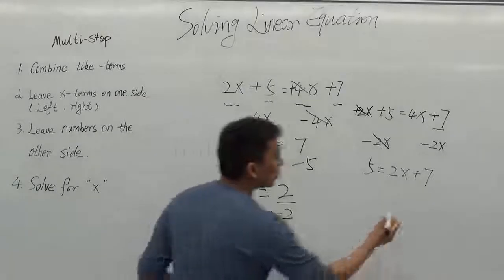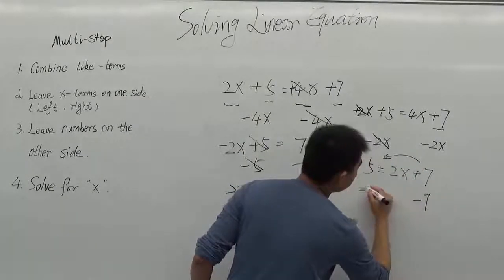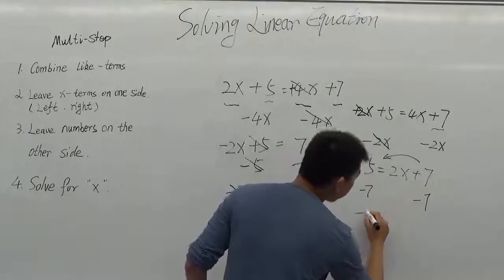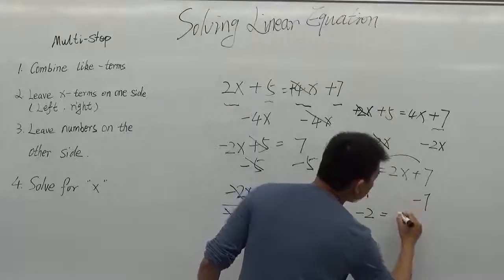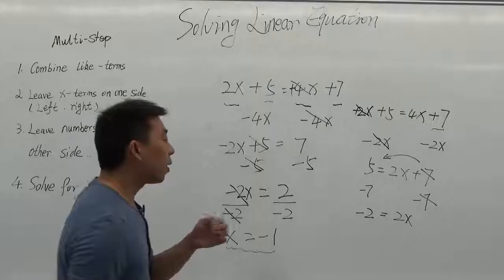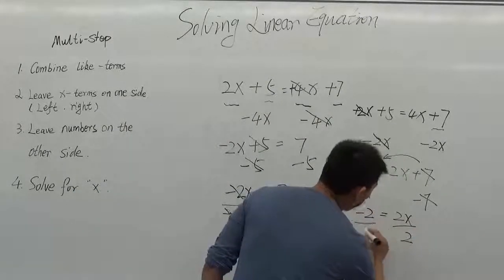Then we need to move the number to the other side. Here's plus 7, we need to subtract 7. Then we have 5 minus 7, that gives us negative 2 equals 2x, because 7 cancels out. Then divide by 2, because here's 2 times x, on both sides.